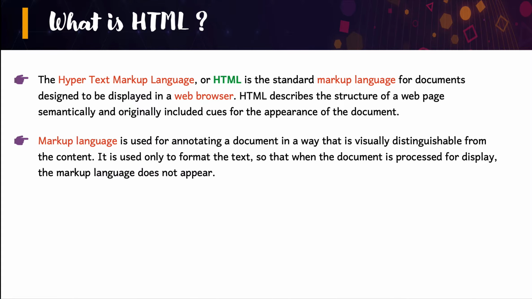The markup language is essentially a set of tags which are used to annotate the document in a way where the browser which is actually displaying the document can display some parts of the text visually different from the rest of the text. It is essentially used for formatting the text, so that when this document is put up for display, the browser can say, okay, this is a part of the document that I should show in italics.